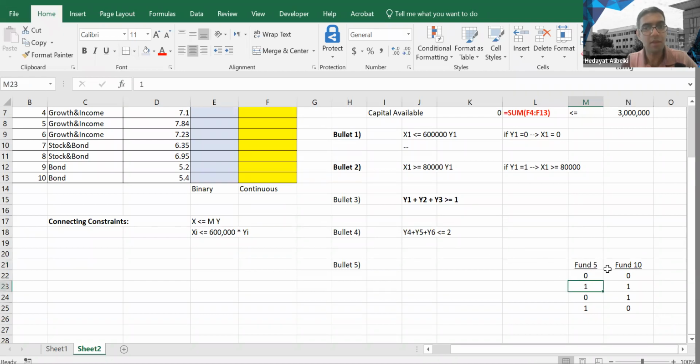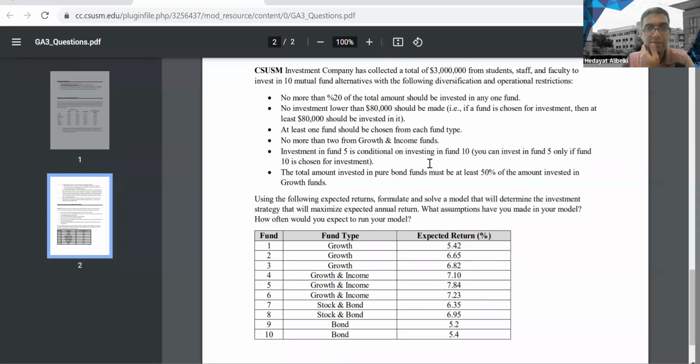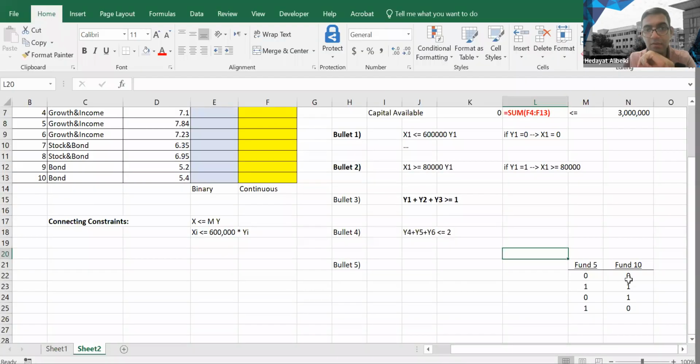Now the description of this question says you can invest in fund 5 only if fund 10 is chosen. So whenever fund 5 is invested, it's only allowable if fund 10 is also invested. So this one is not acceptable. Let's see if I have strikes.